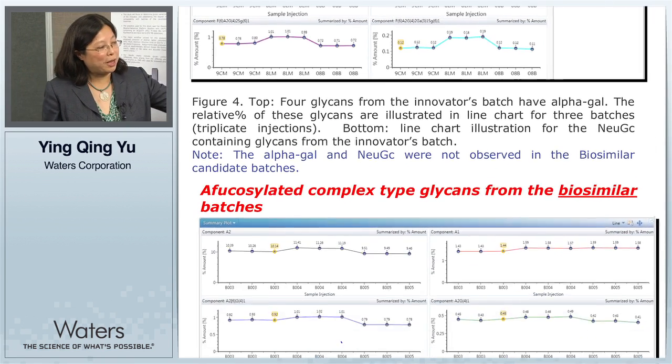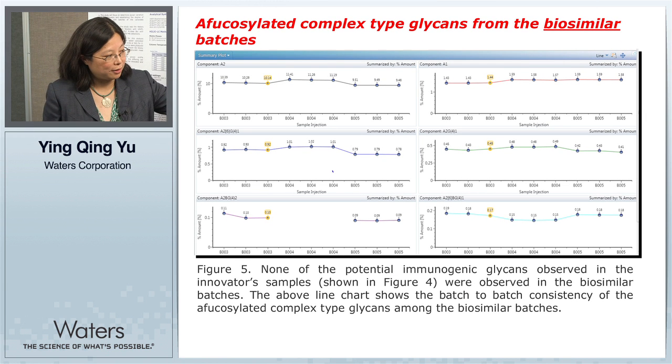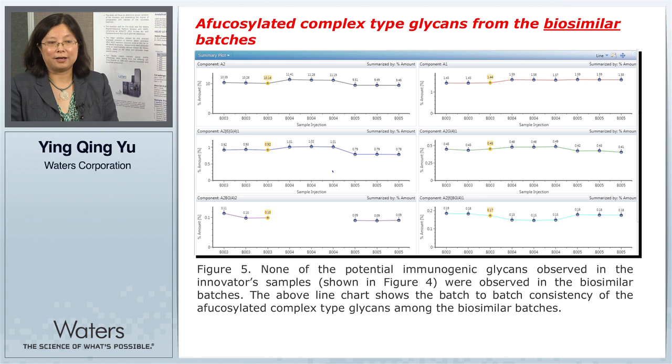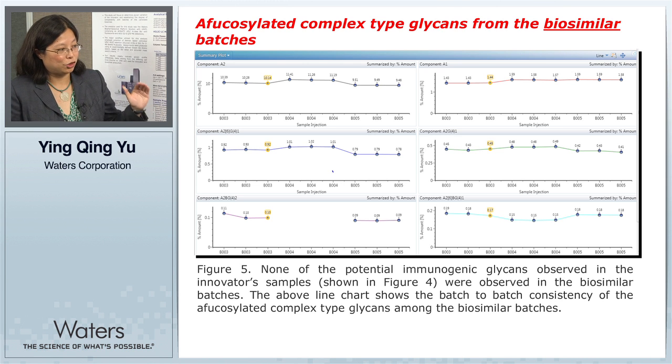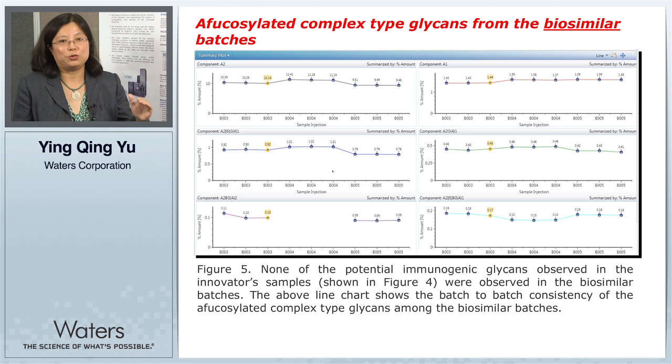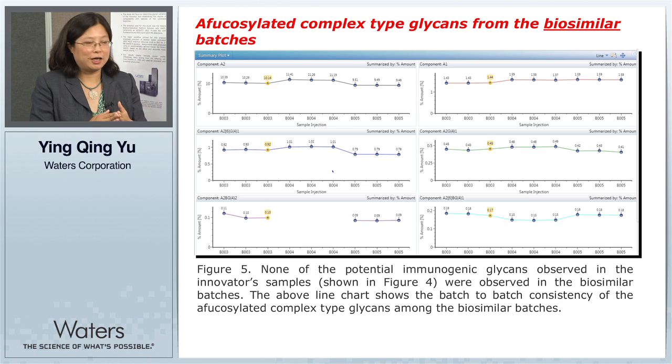So for the biosimilar Infliximab, I put together a list of afucosylated complex type glycans from the 3 batches. Those glycans show great consistency across triplicate injections and 3 batches, which gives a good indication that those biosimilar candidates are very well made.